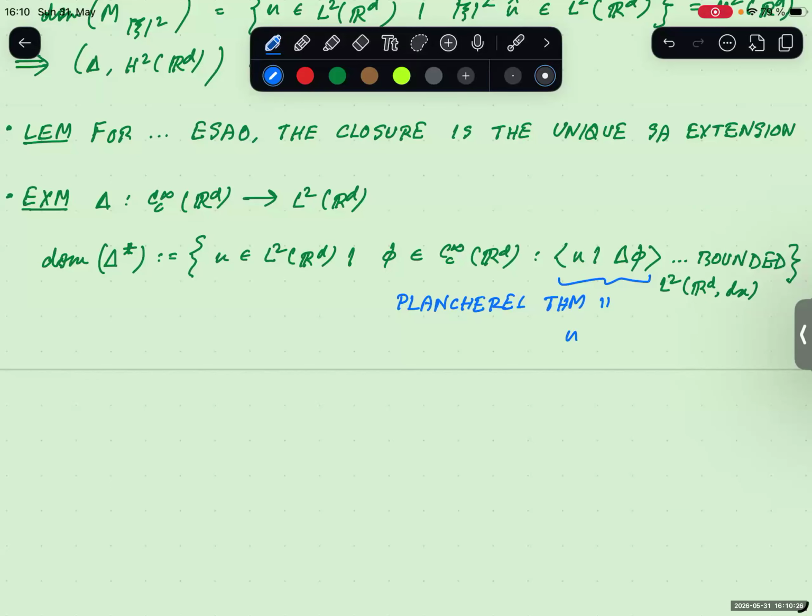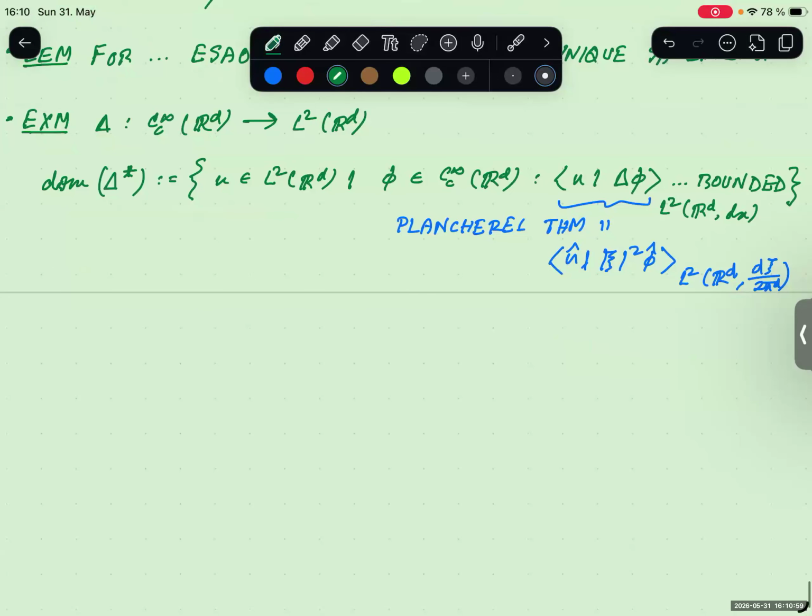And the blue one is L2, still of R^d, but now the measure is d psi divided by 2 pi to the power d. Usually it's not written explicitly, but it has to be understood. But since we are trying to understand it very clearly, let's do it at least once.